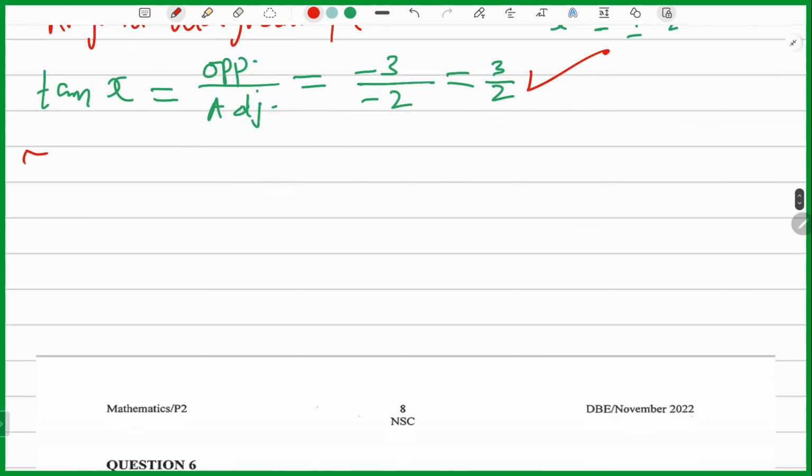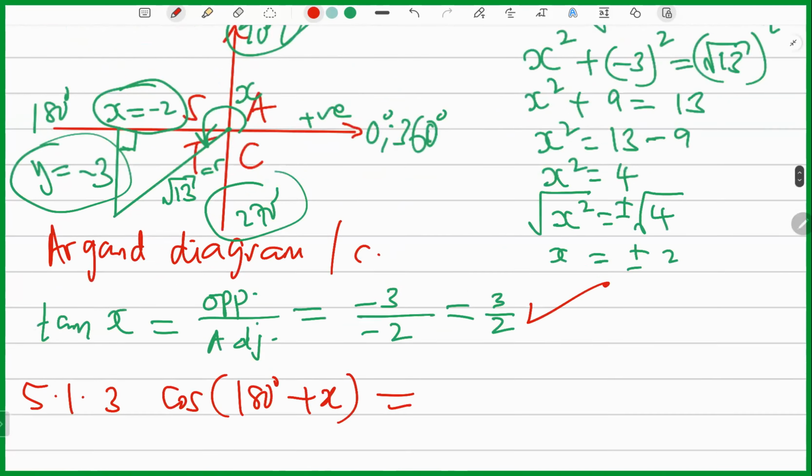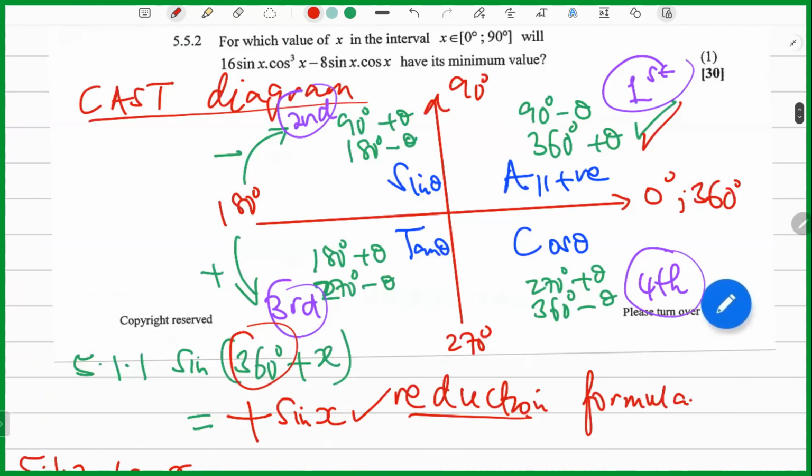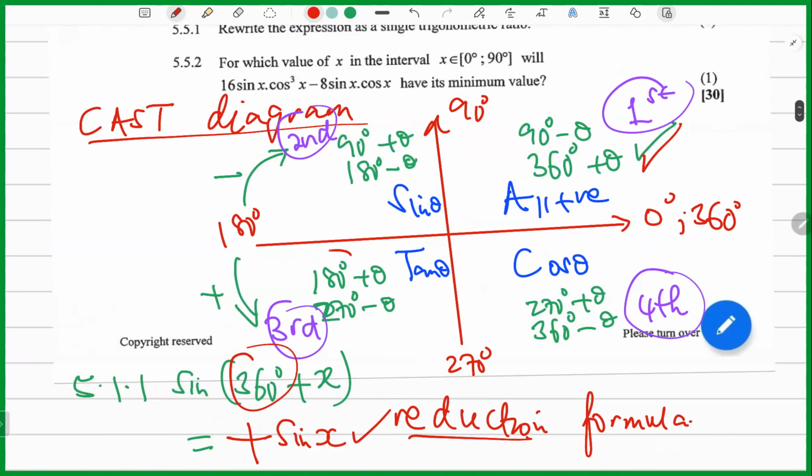To deal with 5.1.3, we look at the diagram. 180 degrees plus x is the third quadrant, and in the third quadrant only tan is positive.